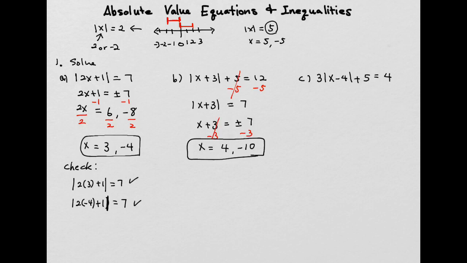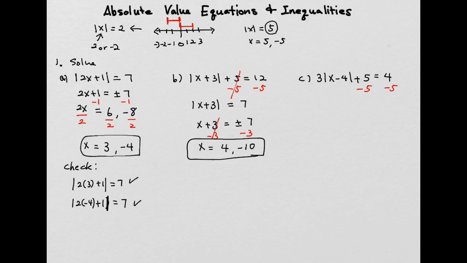What about C? Here, I see more than one thing that I need to get rid of before I take out the absolute sign. I see the addition here, and I see the multiplication. So we want to get rid of those. I want to isolate the absolute value first. So let's subtract 5 first.